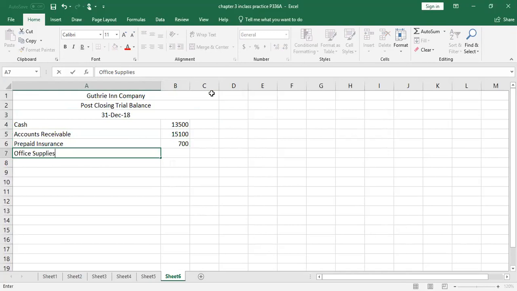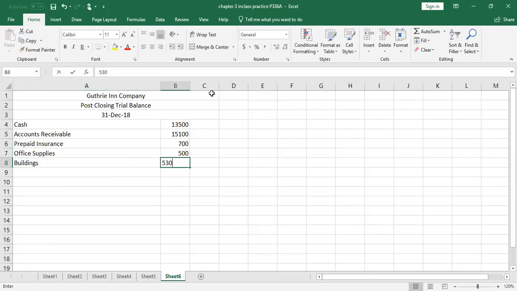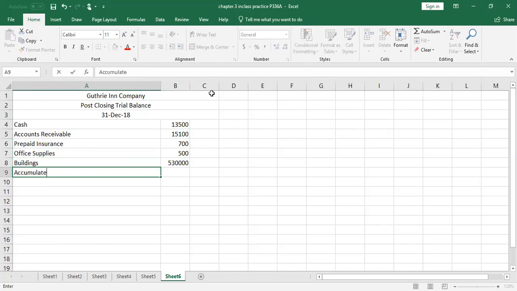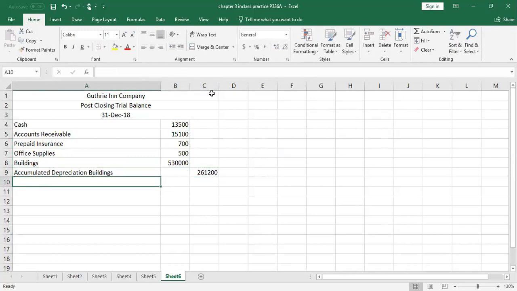Office supplies, $500 debit balance. Buildings, $530,000 debit balance. Accumulated depreciation, buildings, $261,200 credit. Okay, so there are my assets so far.